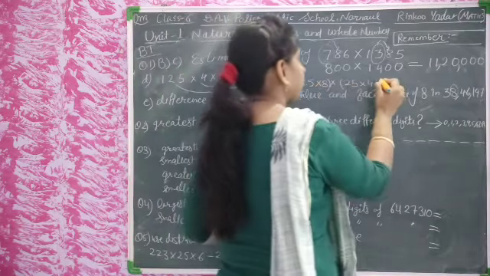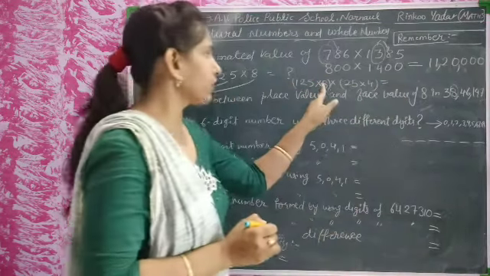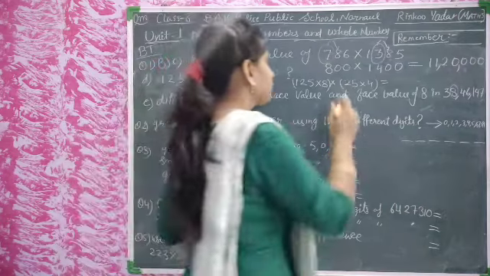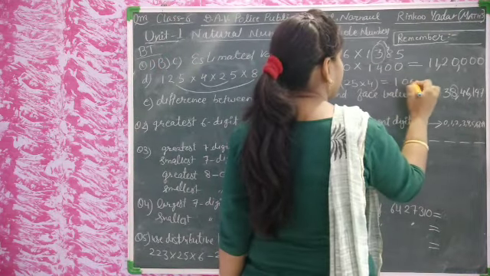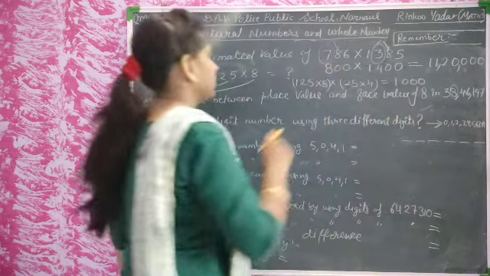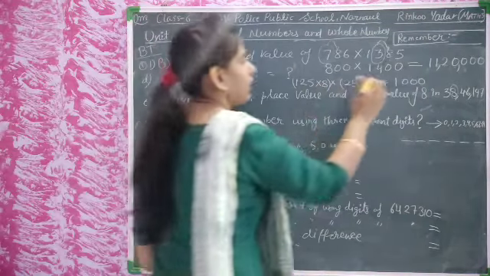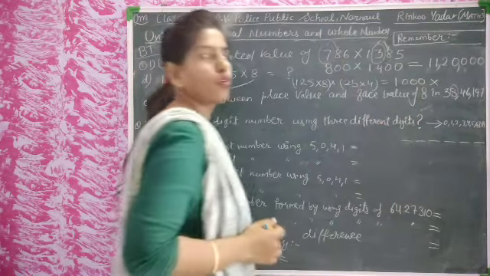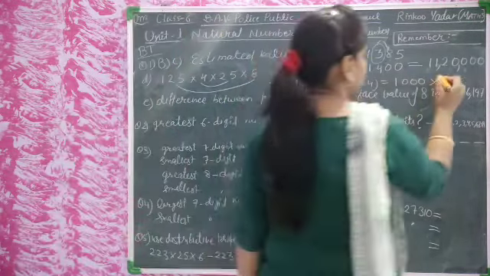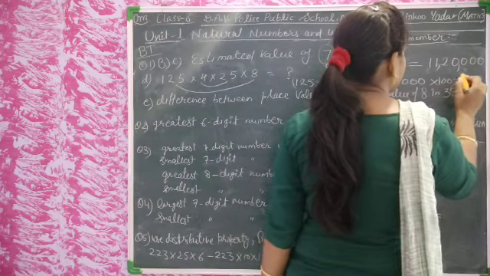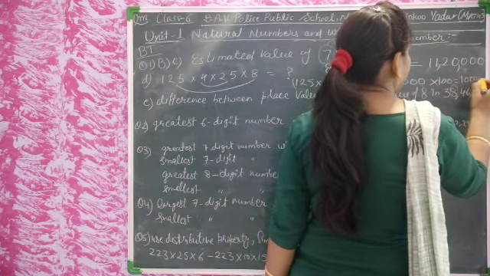Now we have to solve 125 into 8, that equals 1000. And next 25 into 4, what comes here? 100. So its multiplication is equal to 1 lakh.